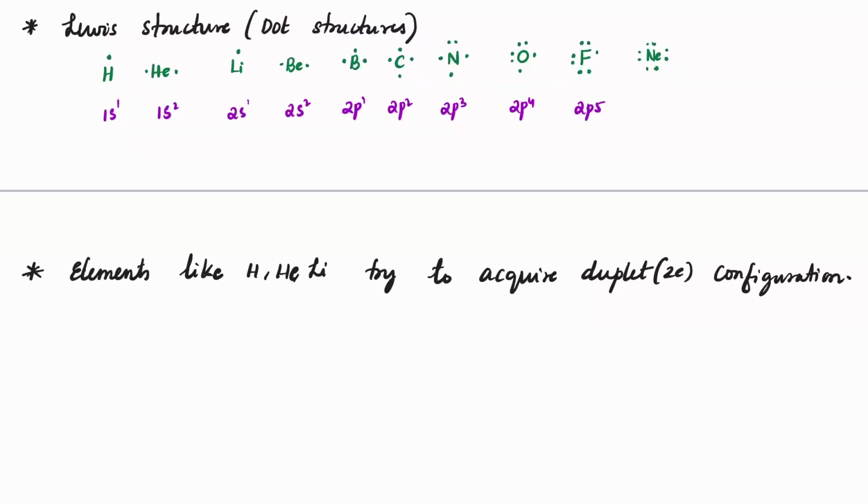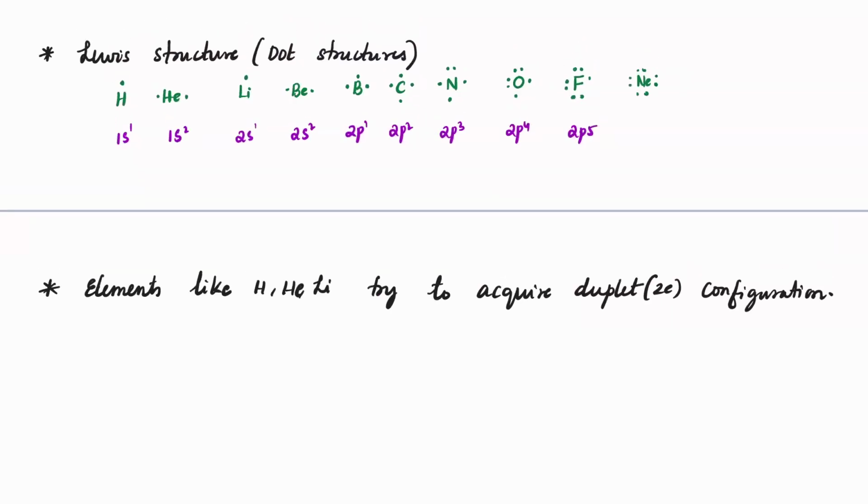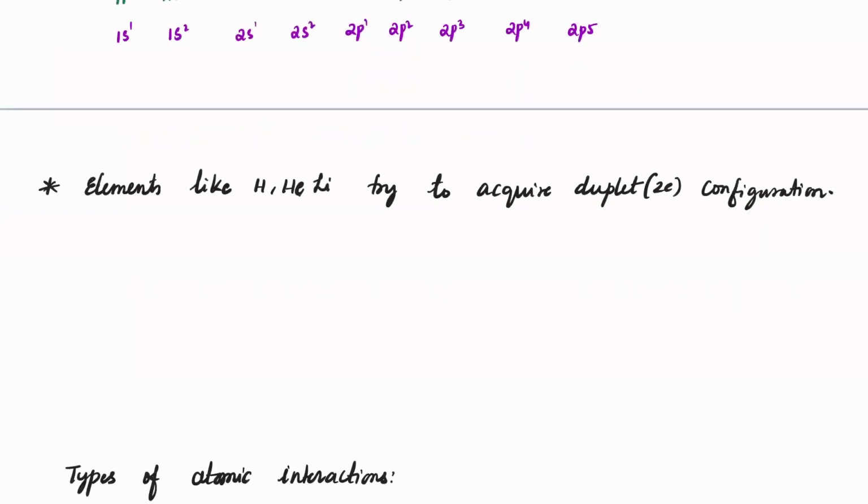Now, for the first three it becomes very difficult to get the octet. So these are the exceptions: hydrogen, helium, and lithium. They would not get the octet easily. That's why they will be satisfied getting a duplet, that means only a two electron system. So they would always like to form a two electron system.